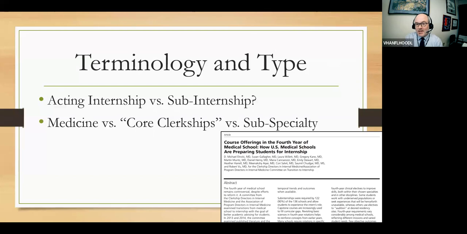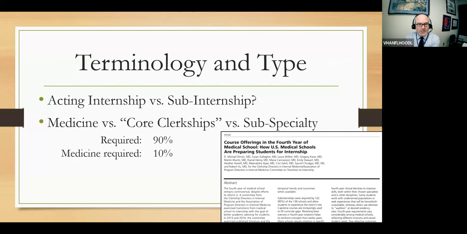They went to all 136 web pages for the 136 LCME accredited medical schools. This was in 2014, and looked at all of their fourth year curriculum, and some kind of an acting internship is required at that time at 90% of schools. That tends to hold pretty true from what I've seen more recently published.